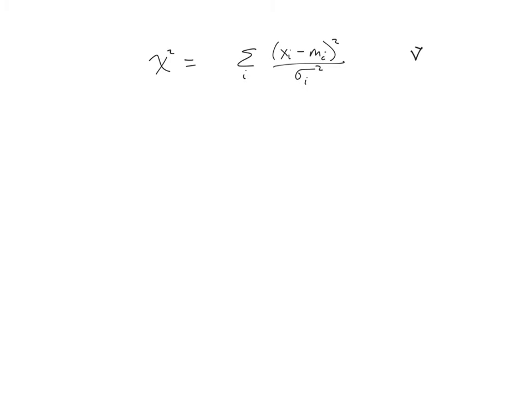You're going to sum over n data points here, right? You have, let's call it little n fit parameters. So in general, nu will equal n minus little n. So this is the number of data points, this is the number of fit parameters, and this number is the number of degrees of freedom.